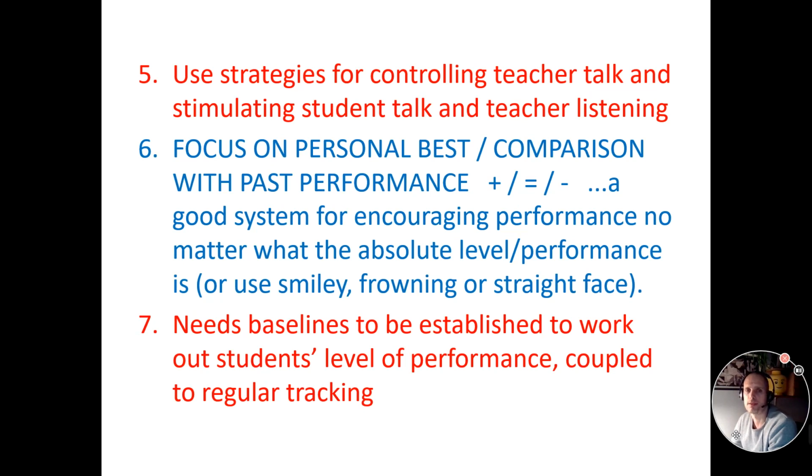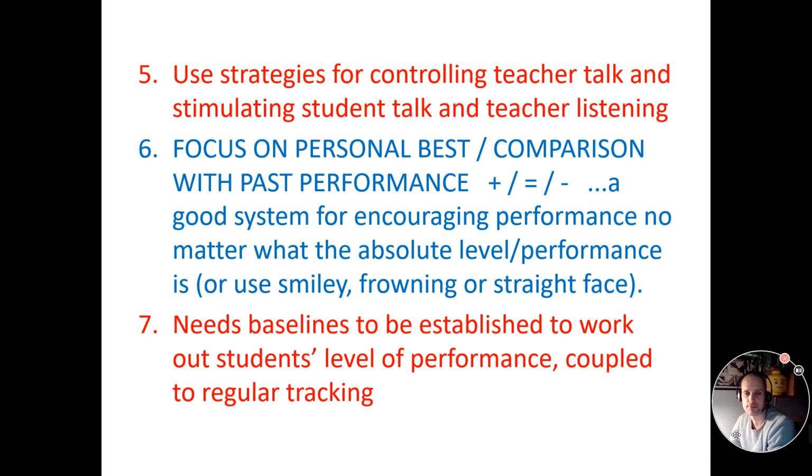Point 6 goes back to that notion of ipsative assessment: you give a plus, an equal sign, or a minus to indicate performance relative to their personal best. No matter where you are in terms of attainment, if you're improving achievement, you could continually get pluses. At the same time, someone who's achieving A's might get pluses or equals, or might even dip in performance.